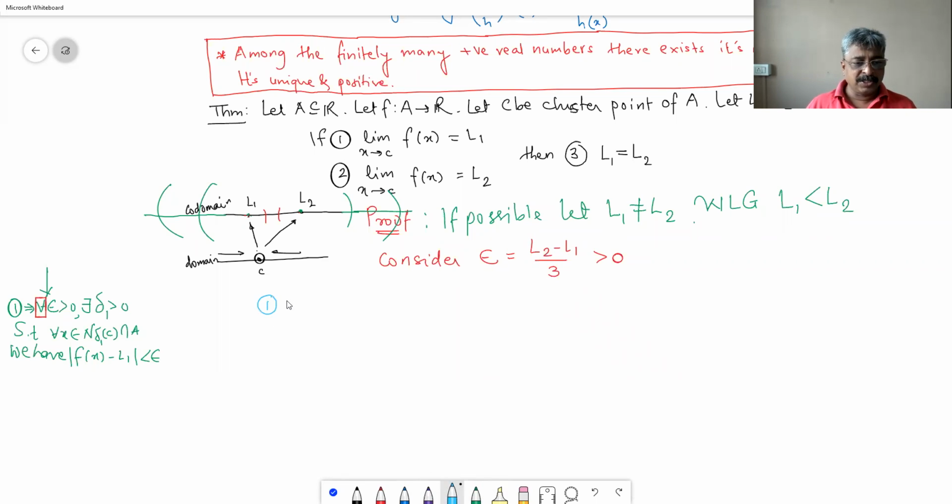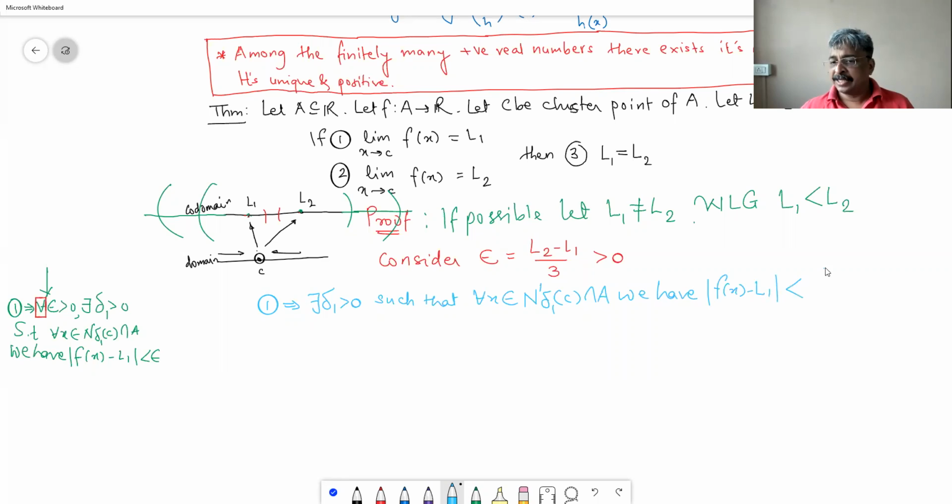Now let me write down what statement 1 implies. Exactly this thing I am going to write again, but here the epsilon is going to be this. 1 implies there exists delta 1 which is greater than 0 such that for every x belonging to deleted delta 1 neighborhood of C intersection A, we have |f(x) minus L1| is less than (L2 minus L1) by 3.